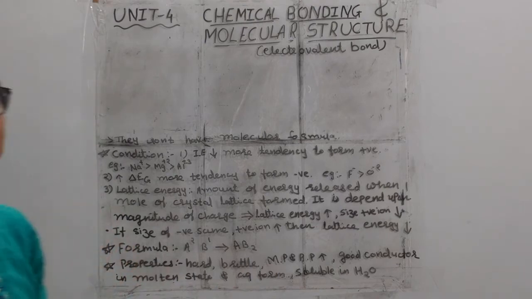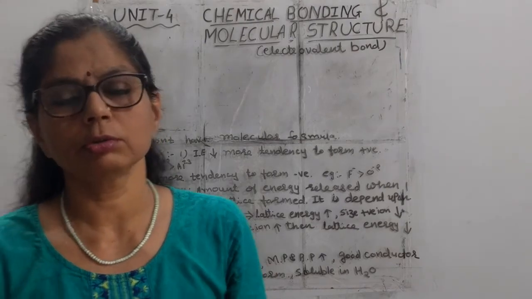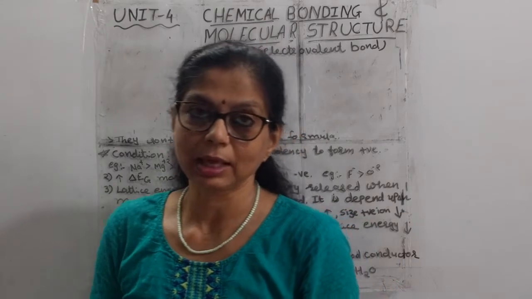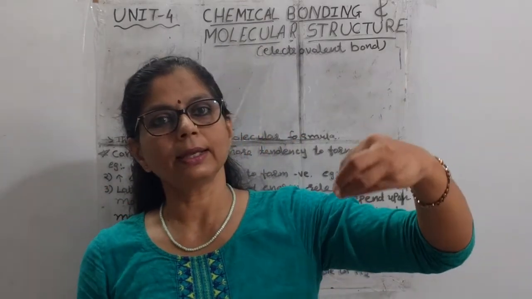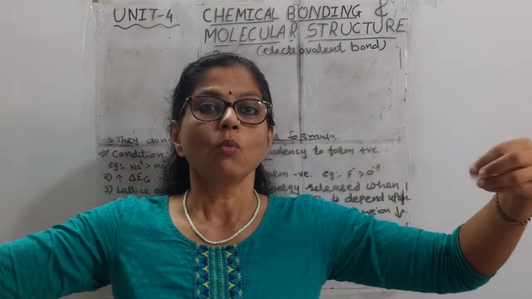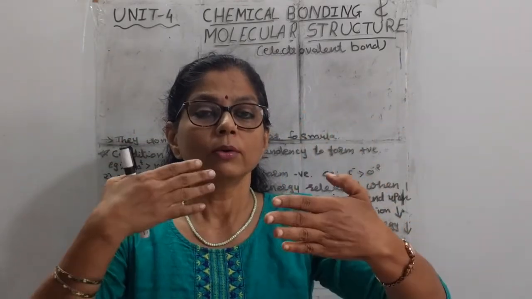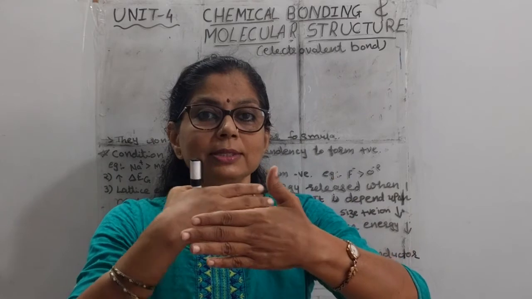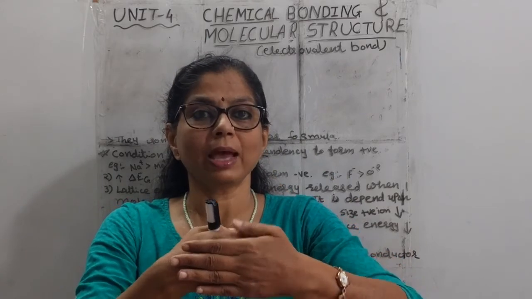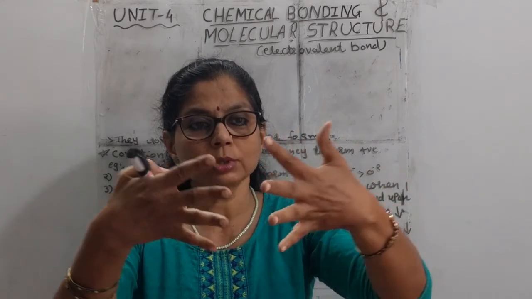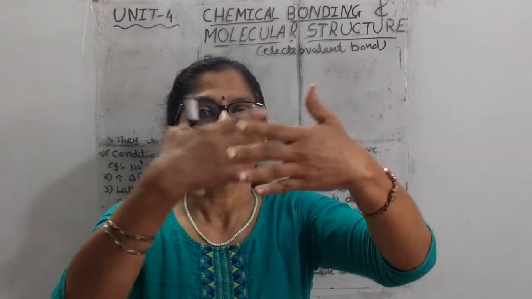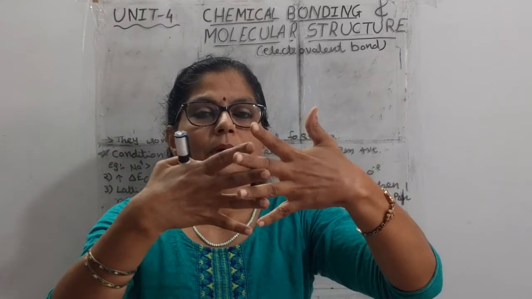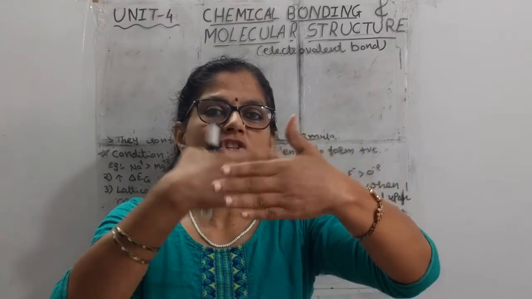And the third one, it is also very important student, lattice energy or lattice enthalpy. Now actually what is lattice enthalpy? अब यहाँ से cation आता है, यहाँ से anion आता है. When they both move, they come closer, there is electrostatic force between them. When they both come closer, they are tightly packed amongst each other.